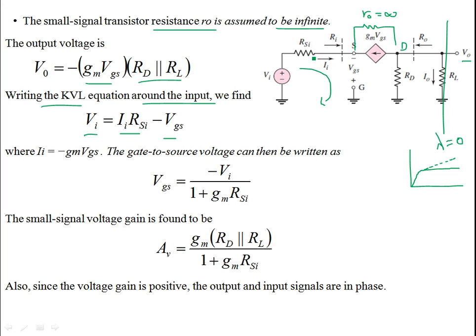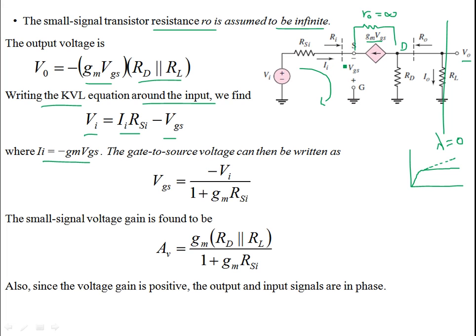One happens at the source resistance RSI, and the other drop is at VGS. Also note that this input current II is minus gm VGS, because there's no current into the gate of the device, so these two currents are in the opposite direction.